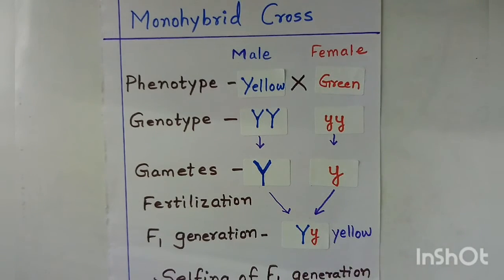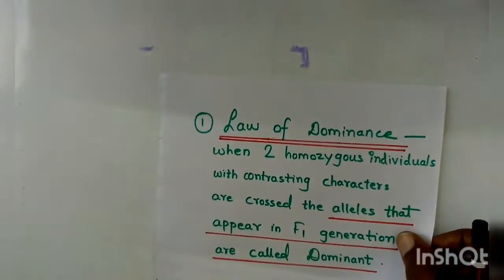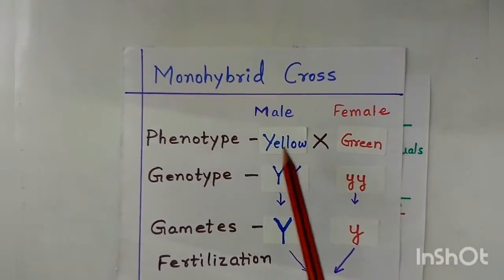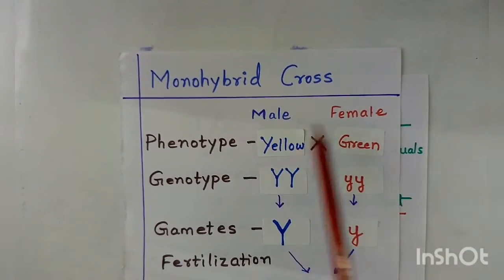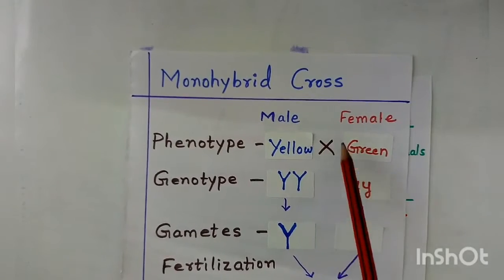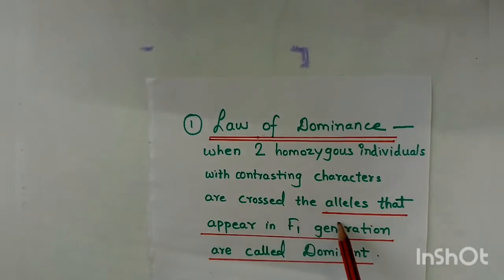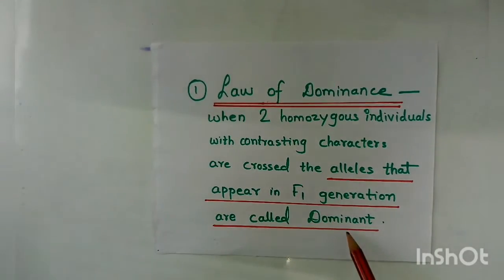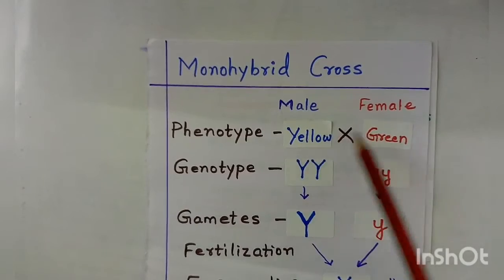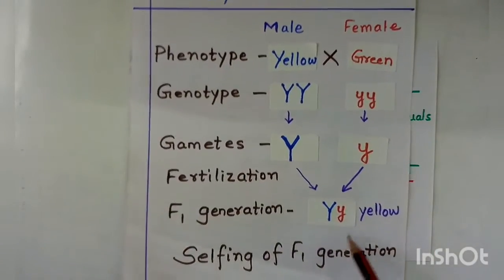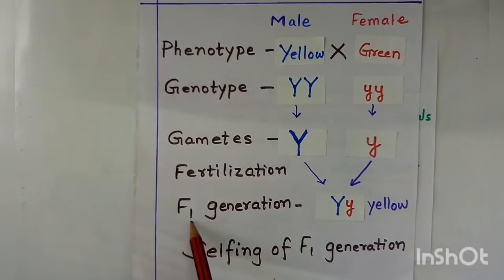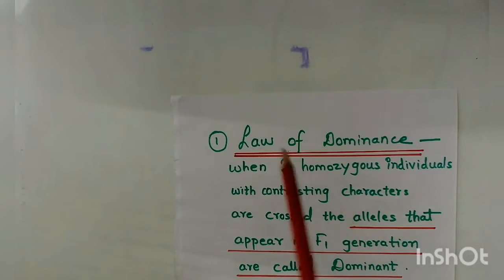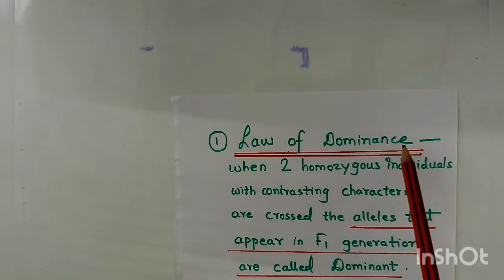So this is our first law, the law of dominance, which states that when two homozygous individuals are crossed with each other, the alleles that appear in F1 generation are called dominant. Out of two parents, the allele which has expressed itself in F1 generation is called dominant according to the first law, that is law of dominance.